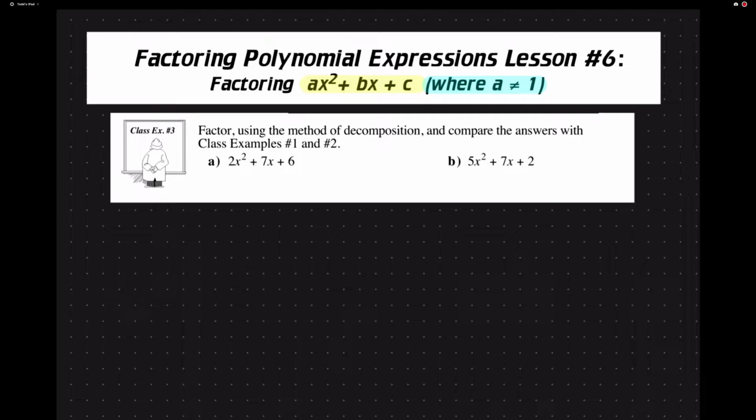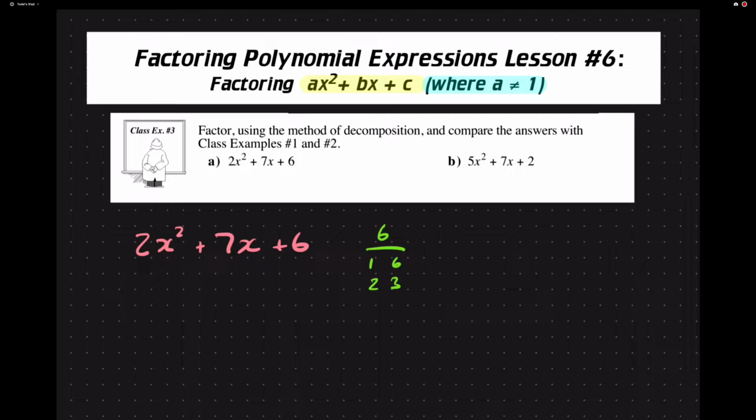So, that being said, what do we do? How do we figure this out then? Well, it's actually quite simple. There's just one extra step involved. That's it. So we have this original format. Now, normally what we were doing was taking a look at the last value, which is 6, and breaking it down into 1 and 6 and 2 and 3.